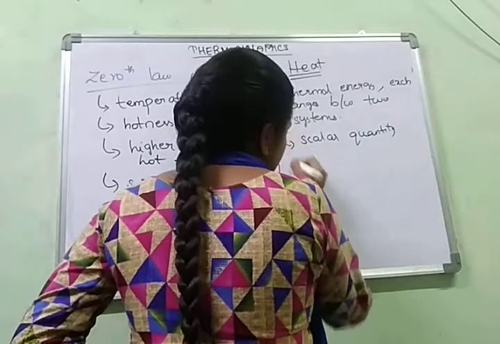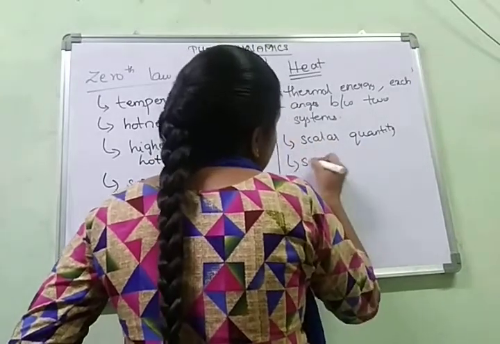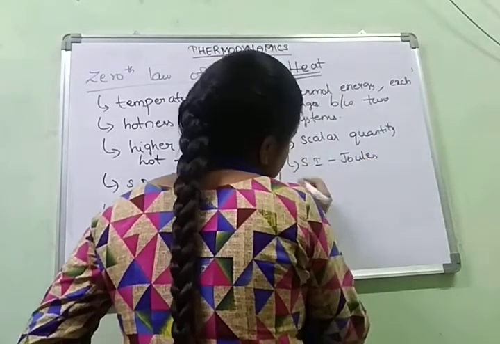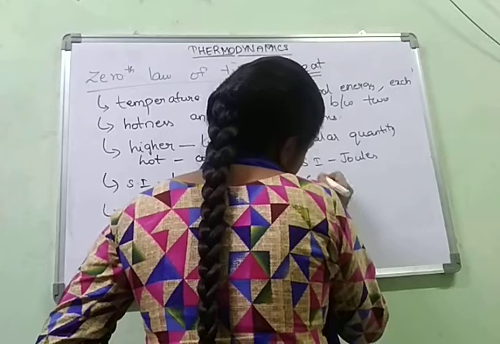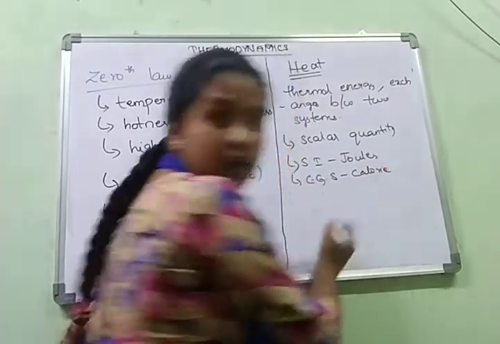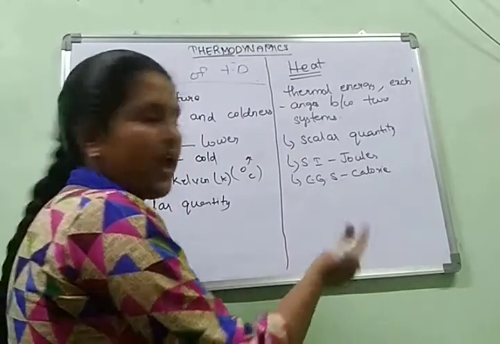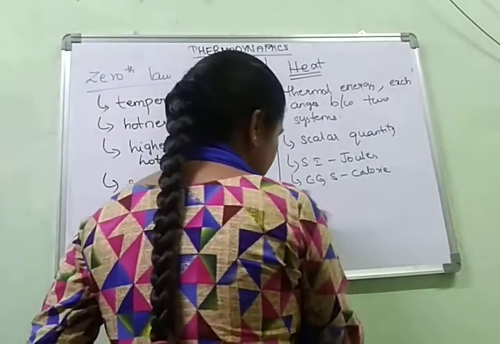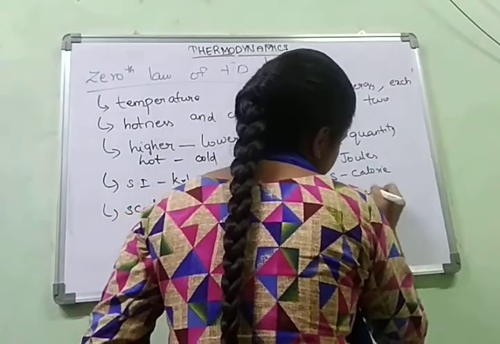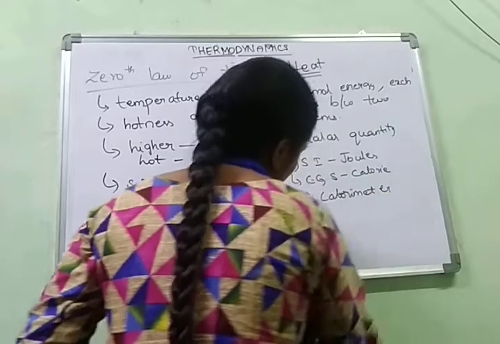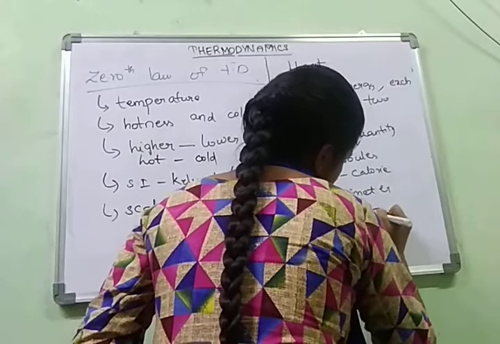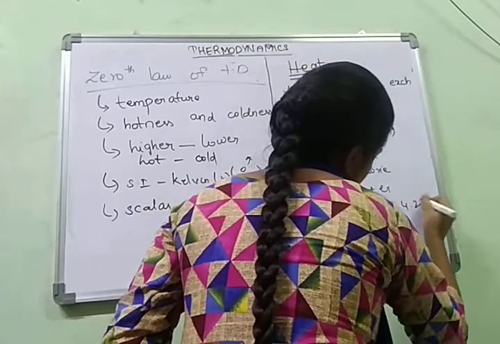And the SI unit of heat is joules, whereas the CGS unit is calorie. It is measured by a calorimeter. Okay, 1 calorie is equal to 4.186 joules, which is approximately 4.2 joules.